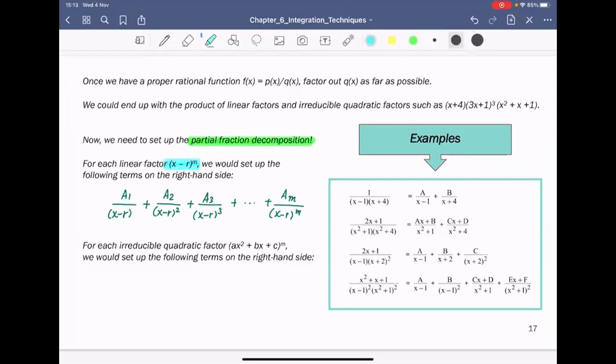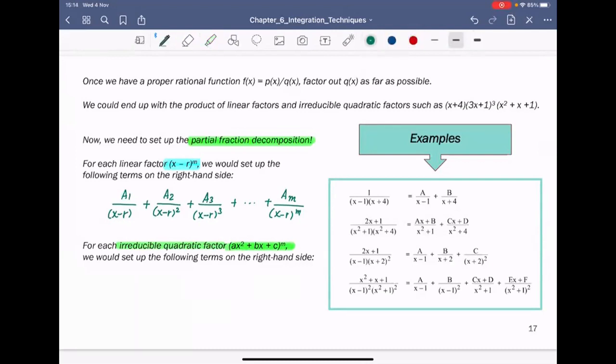Similarly for an irreducible quadratic factor. For example, if you factor out the denominator and at the end you get (ax squared plus bx plus c) to the m, and you are sure that you cannot reduce ax squared plus bx plus c anymore, it means this is irreducible.